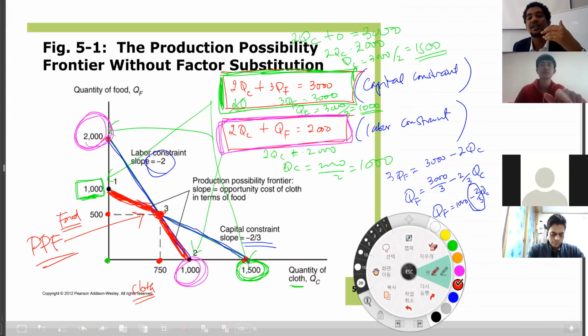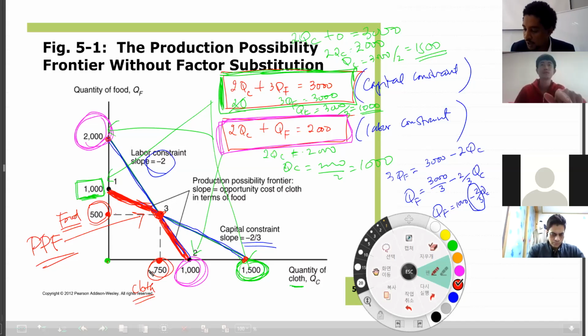Because clothes doesn't require much capital, it requires much labor. So this production possibility frontier is telling us this amount of food and this amount of clothes is the maximum production that we can have utilizing both capital and labor in an efficient manner.